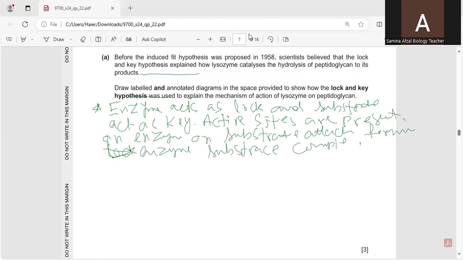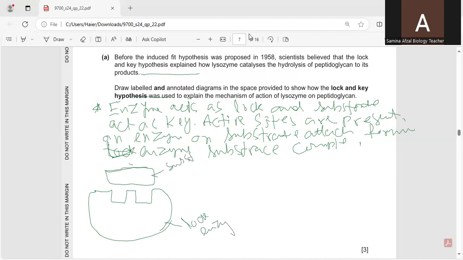So we can draw in this way, that is, we can draw an enzyme. This is an enzyme, and here can be the product. So enzyme, lock, enzyme, and this is the substrate. They are complementary, they have complementary shapes.